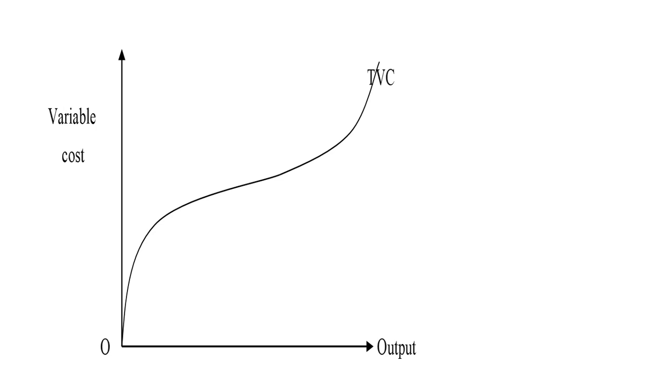See, in the production process, output initially increases at an increasing rate. So this translates into total cost increasing at a decreasing rate. As output increases at a decreasing rate, it translates into total cost increasing at an increasing rate. And if you know how to calculate the slope of a curve, you appreciate what I'm saying.